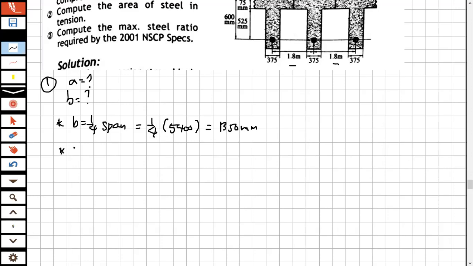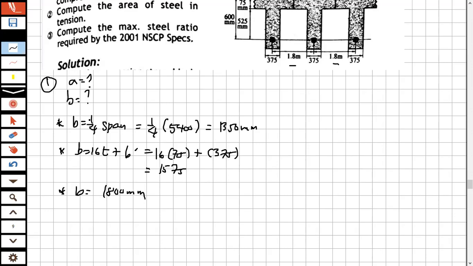Number two, b could be 16t plus b prime, or bw. 16 times the thickness, given to be 75, plus b prime, which is 375, is equal to 1575. And then the next condition is the spacing of the beam, which is 1,800.